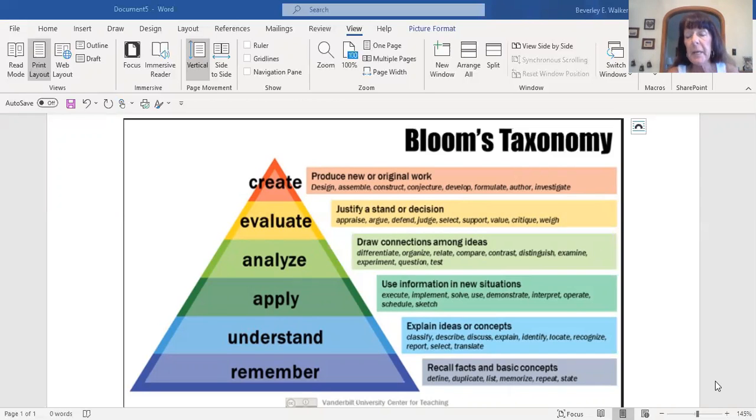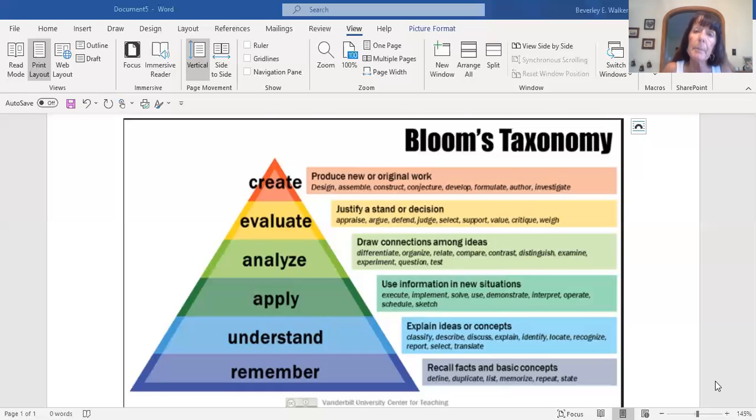That's why it's important that every good lesson plan have learning objectives, so we know the degree to which we want students to learn, and it also goes to the complexity of the lesson plan. So this is what you're supposed to determine: what level of Bloom's your lesson plan is targeting.